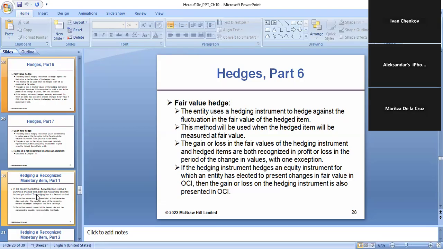So that will probably be an investment over which we have no significant influence. And if you remember, on an investment with no significant influence, we can choose to report it at fair value through other comprehensive income.